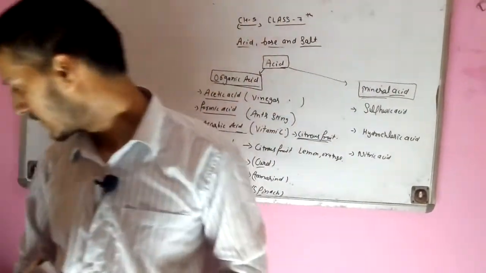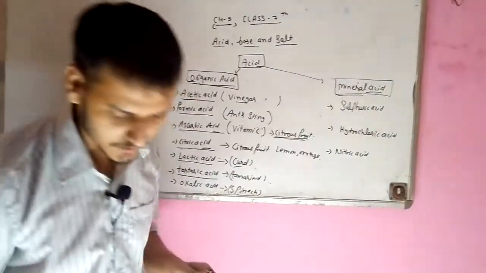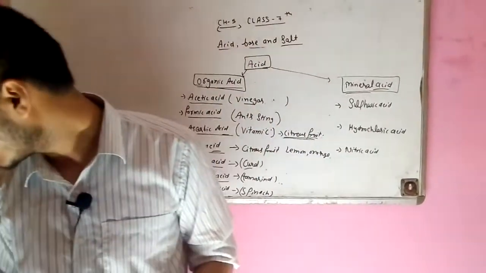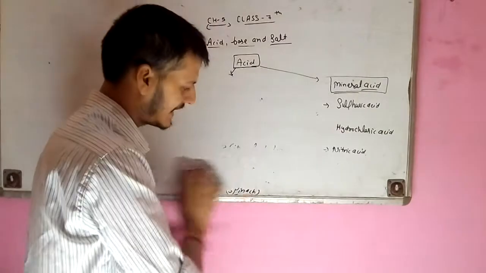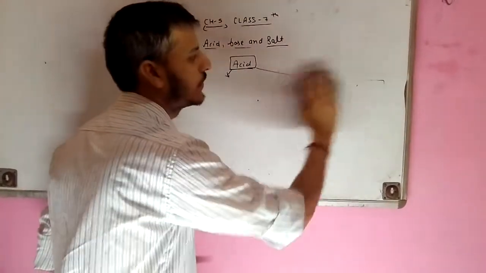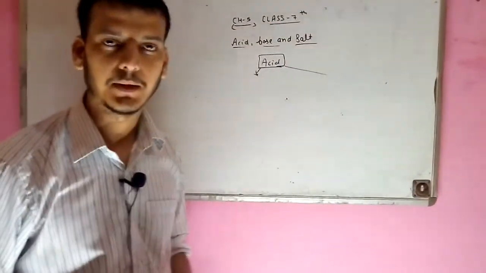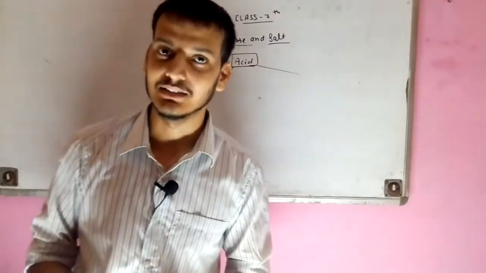Next is a common phenomenon related to acids, which is known as acid rain. What is acid rain? We know fuel is burned in vehicles and in some industries.